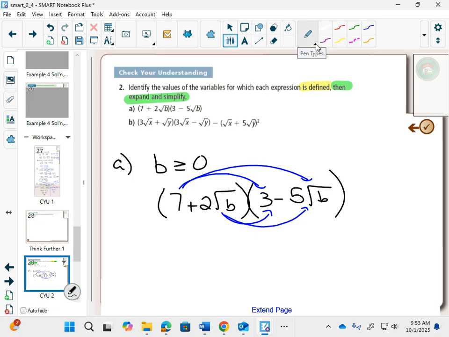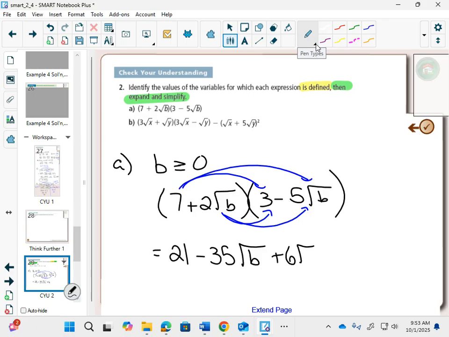So 7 times 3, that's 21. How do we do a 7 times a negative 5 root b? Well, you'd multiply the numbers out in front, which would give me negative 35. And you multiply radicals, but we just have a root b. Then in the middle here, 2 times 3, that will be plus 6.